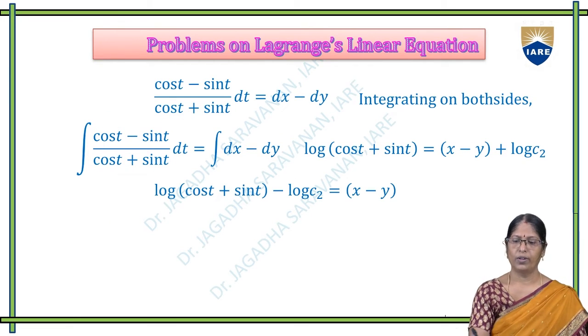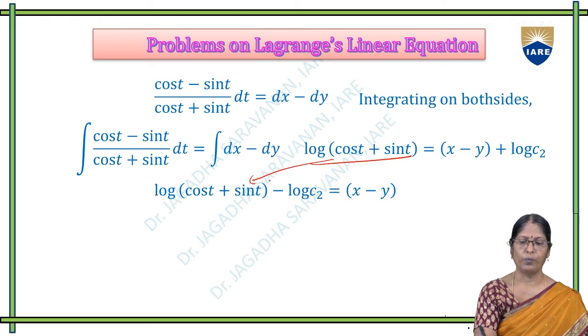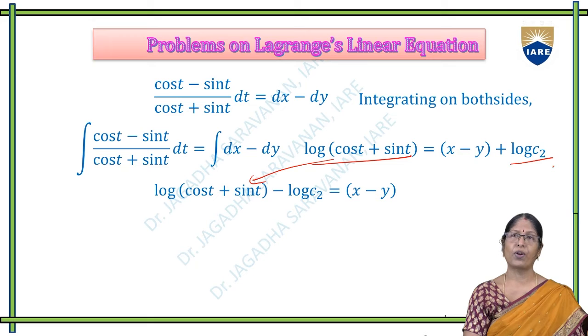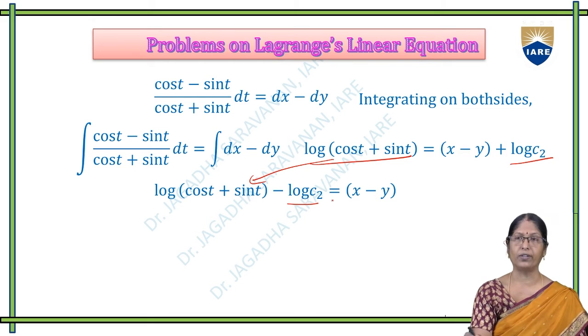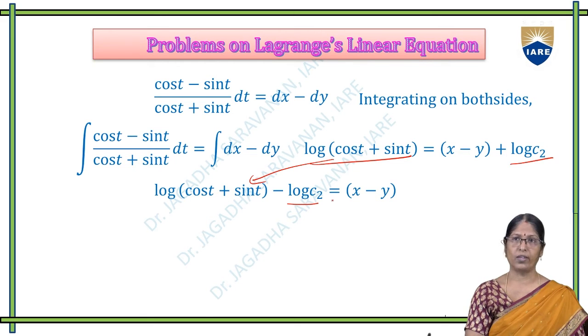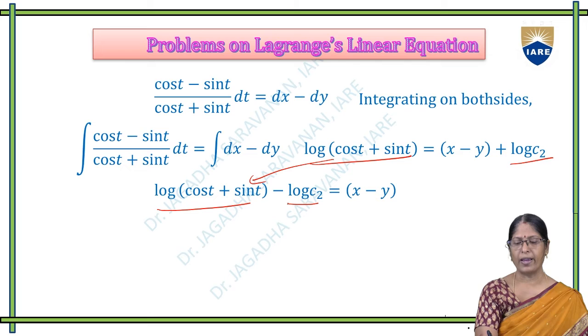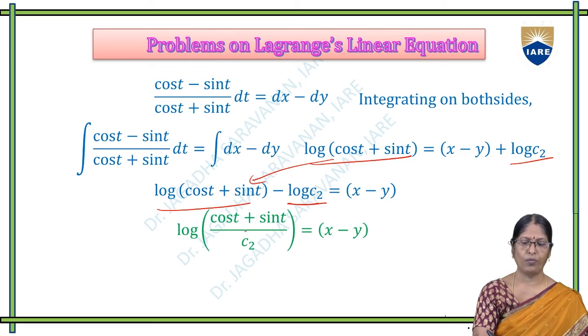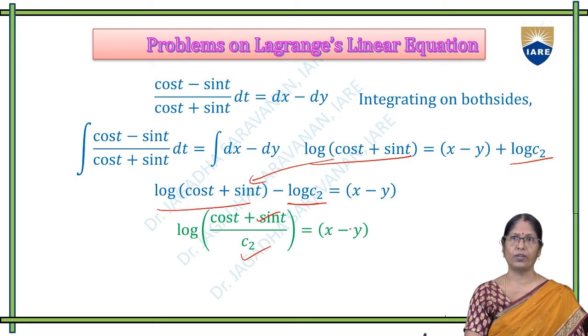So now this result, the log C2 from right to left position we brought it, that is minus log C2, which is equal to x minus y. Now this is log A minus log B, we can write it log of A by B. So log of A by B is equal to x minus y.